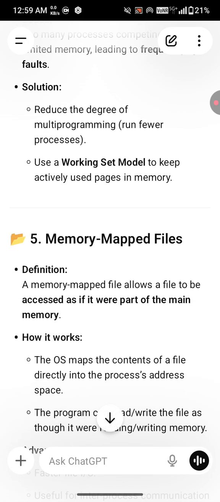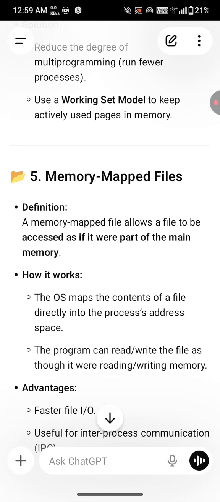So now comes to 5.5, that is memory mapped files. Definition: a memory mapped file allows a file to be accessed as if it were part of the main memory.